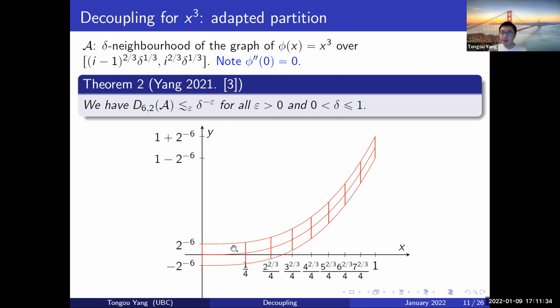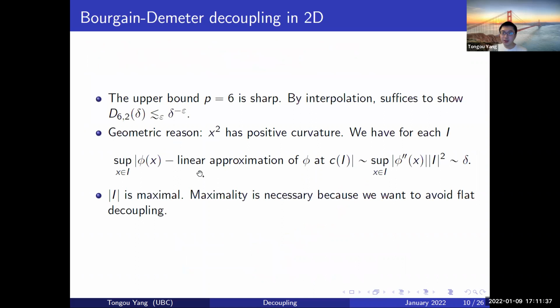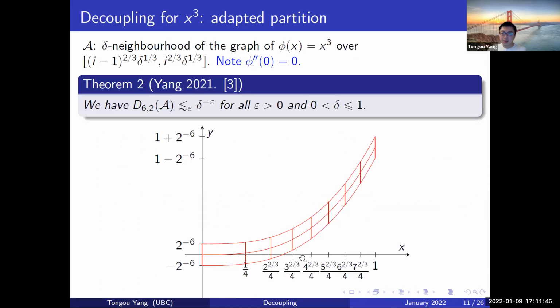As a result, because we want this maximality condition to hold at least essentially up to a constant, we need to change the partition. So now we don't use the standard partition anymore, but we use the partition of this form. As you can see, when x gets closer to 0, because the curvature is smaller, we have to increase the length so that it's still maximal.